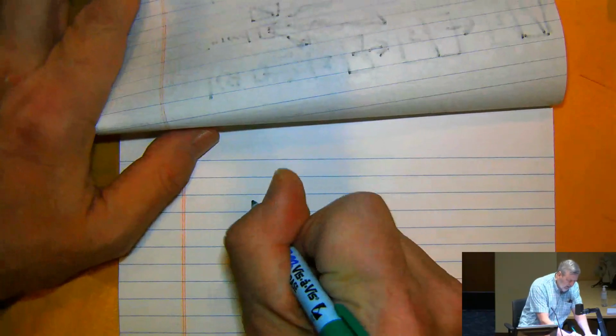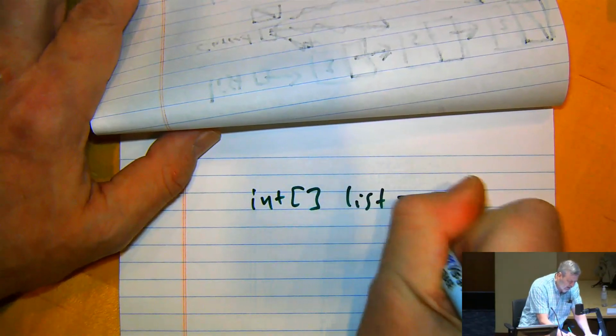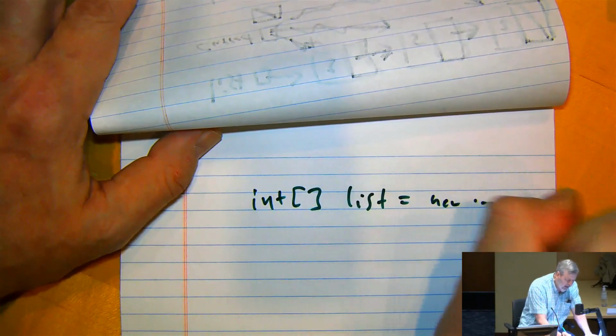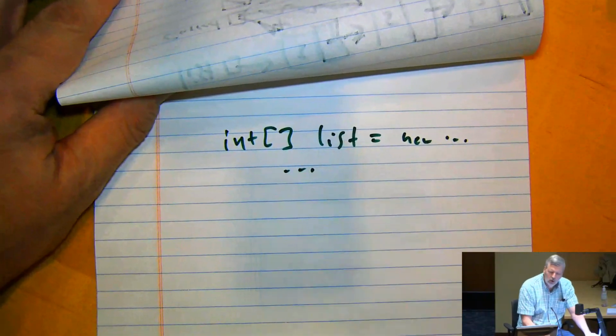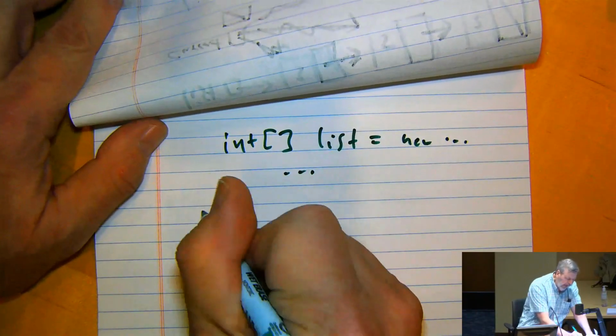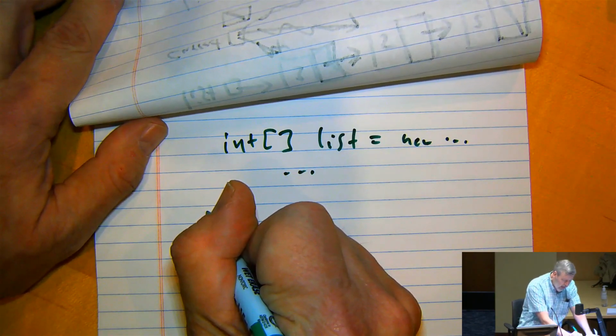Now, we've been talking for a long time about what if you had an integer array called list, was a new integer array. I'm just going to say dot, dot, dot. You set up some kind of an array with some code that fills it in. The way that we would write this using the for loop, we've talked about an array traversal.